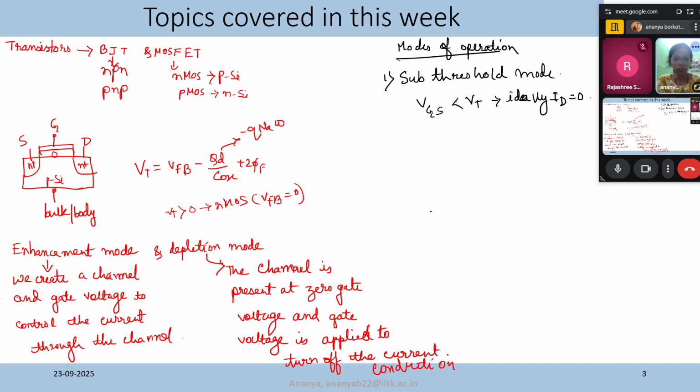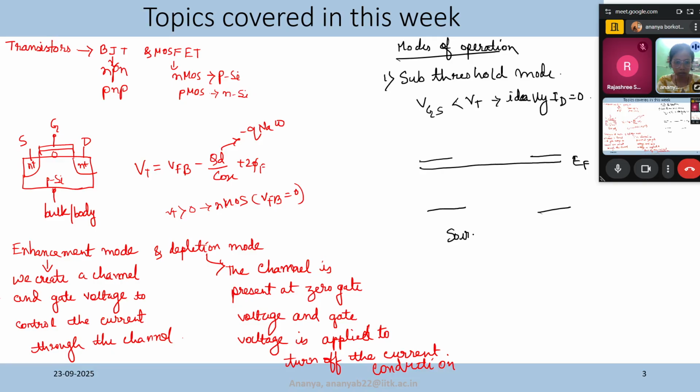But let us see how the band diagram looks if we are applying no gate voltage. I am drawing it for NMOS. We have the source, which is N plus, this is my Fermi level, and it will be similar on the drain side also.